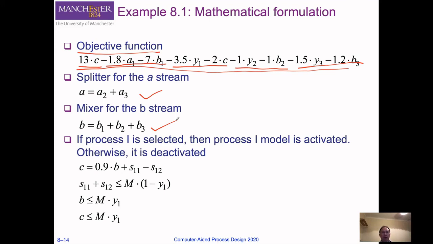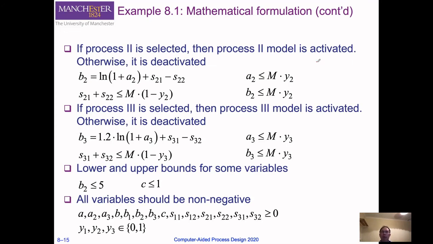If the process is not selected, then those mass balance equations should be deactivated. We can introduce two slack variables into those mass balance equations, and then we need to make sure that if the process is not selected, then these two slack variables should be 0. We also want to make sure that if the process is not selected, then the inlet flow rate and outlet flow rate should be 0.